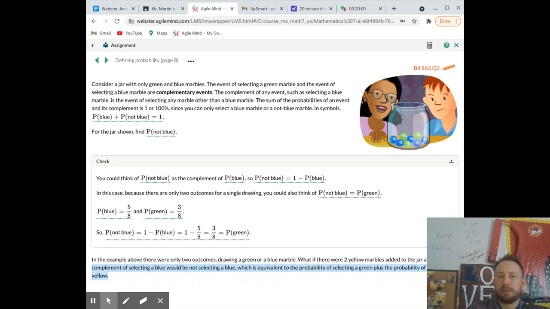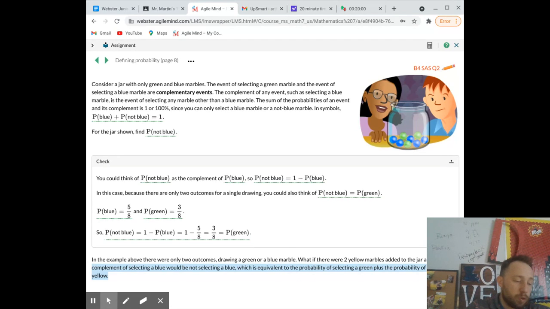Say that again, my person that said 5 out of 10. Who said that? Me. Okay, well, that's right, because there's a 5 out of 10 chance you're going to get a green or yellow marble when you draw, and there's a 5 out of 10 chance that you'll get a blue marble. So you're 100% correct.